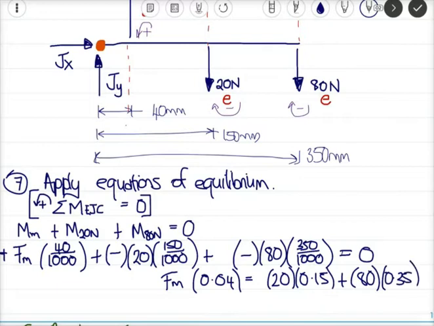If we divide both sides by 0.04, we can work out the force required by the biceps to hold the arm in this position, and that should come out to be 775 newtons. Once we have the muscle force, we're in a position to calculate the joint forces, and we do that using sum of the forces equals 0. So I like to start with x. There's no particular reason, so sum of the forces in the x direction must equal 0.